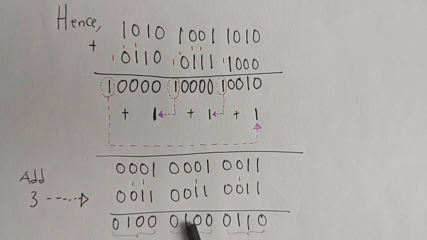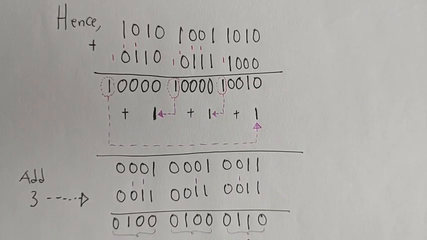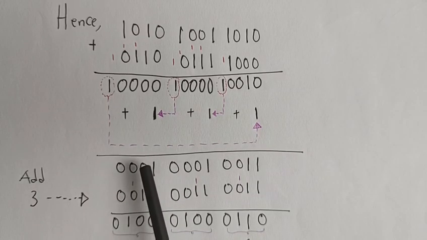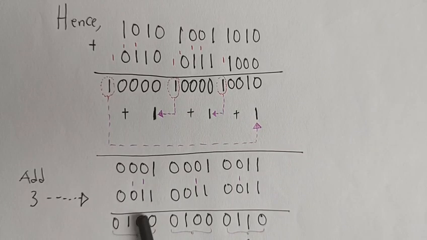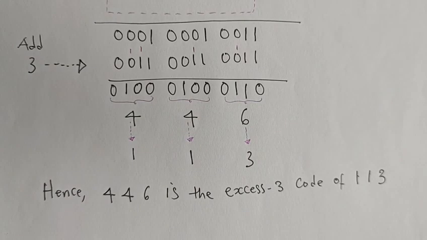Now 0 plus 1 plus 0 is going to give us 1. 0 plus 0 is going to give us 0. Now let's move to the next segment. We have 1 plus 1 is going to be 0 with a carry of 1. 0 plus 1 plus 1 is going to be 0 with a carry of 1. 0 plus 1 plus 0 is going to be 1. Then 0 plus 0 is going to be 0.